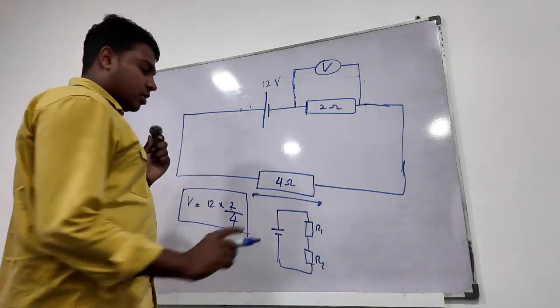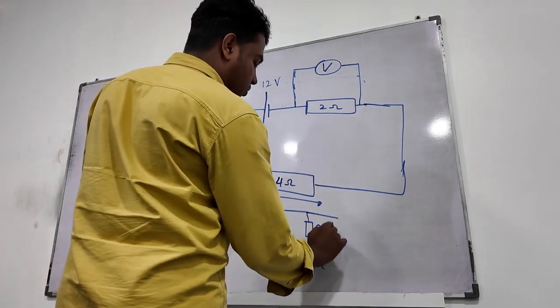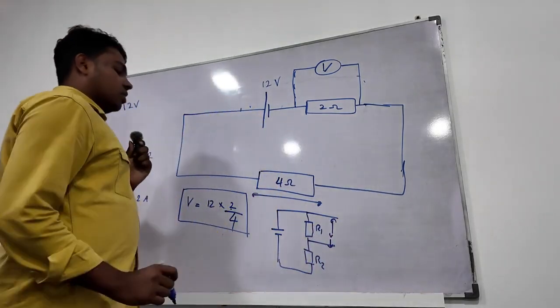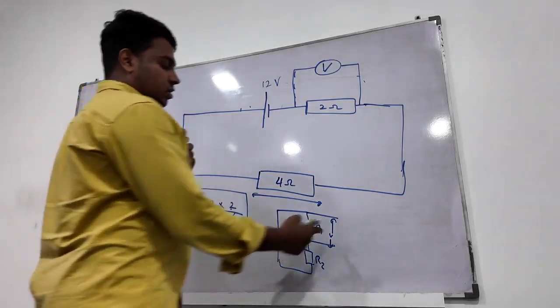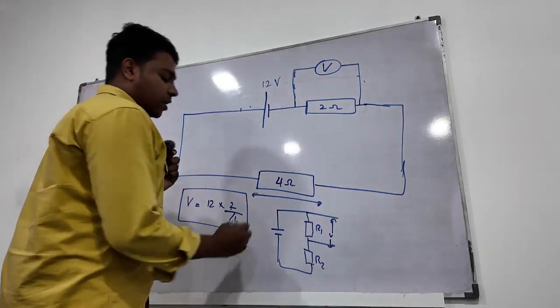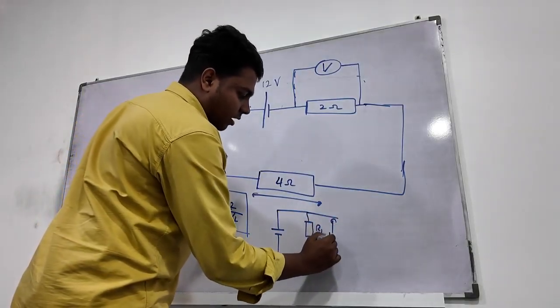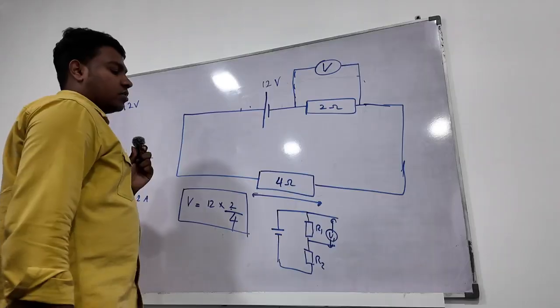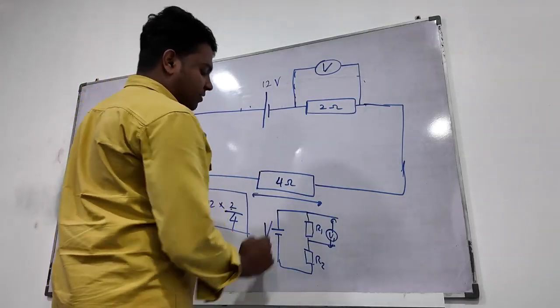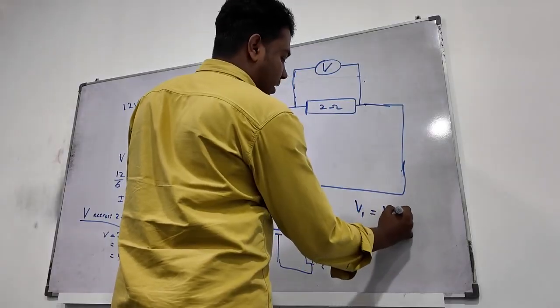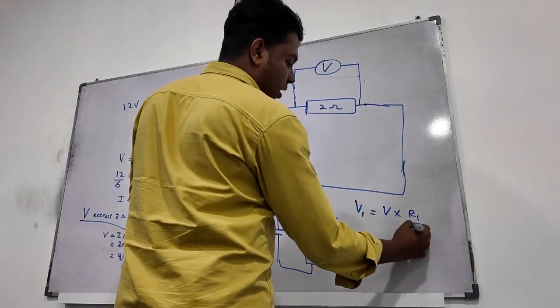Let's say you are supposed to find the voltage across R1. V1 is the voltage across R1. V is the main voltage, the EMF. V1 will be equal to V times R1 over R1 plus R2.